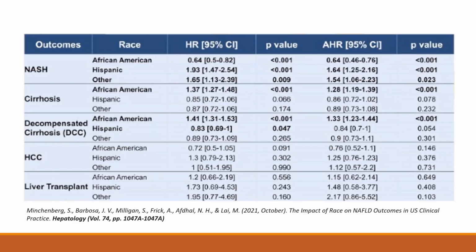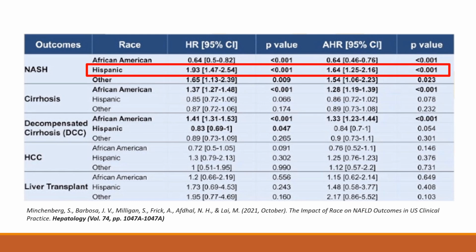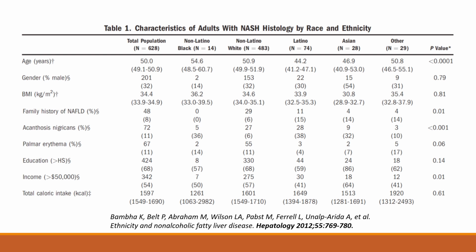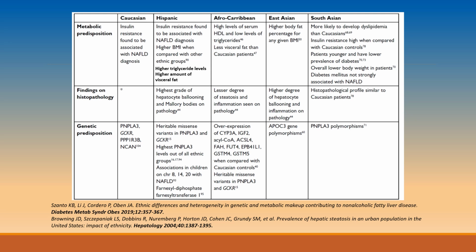So Hispanic ethnicity has been shown to be a risk factor for underlying MASH. Among MASH patients, Latinos are significantly younger, and they tend to have the most aggressive histology. And there seems to be a genetic component to the predisposition of Hispanic patients towards developing hepatic steatosis.